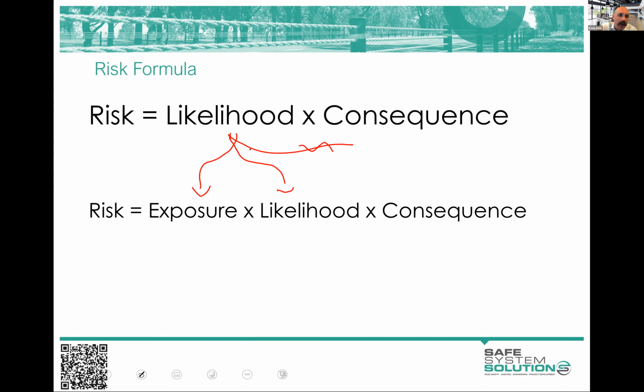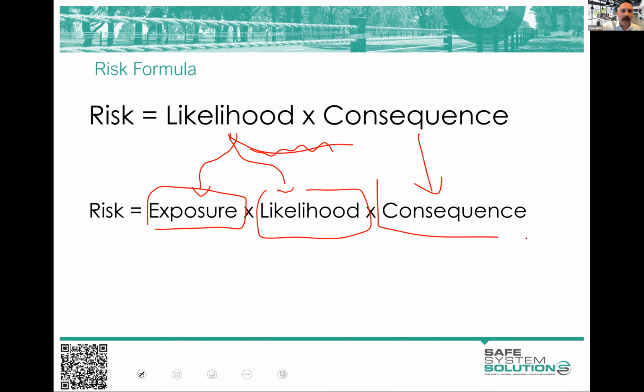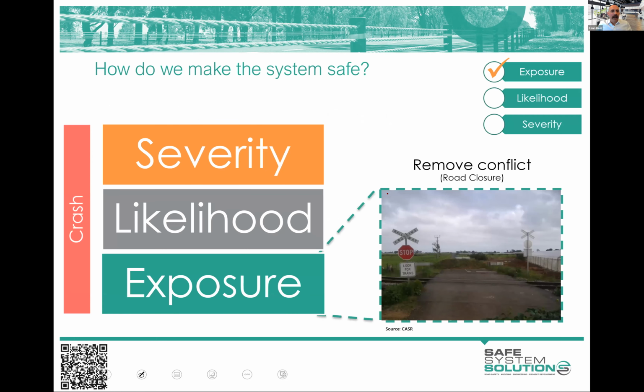And how bad will it be? So what is the severity of that crash going to be? And so over the next few modules we're really going to hone in on exposure, likelihood, and consequential severity of crashes.